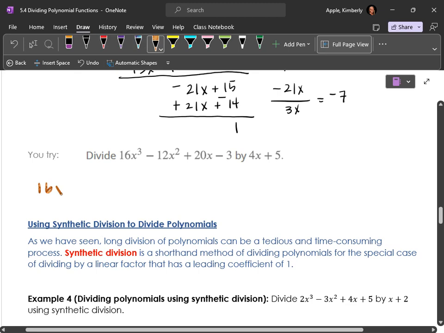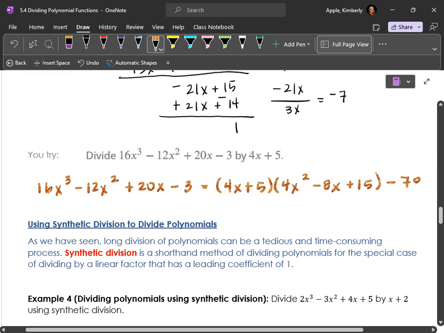All right, so we should have minus 12x squared plus 20x minus 3 equals 4x plus 5 times 4x squared minus 8x plus 15 minus 78. There you go.